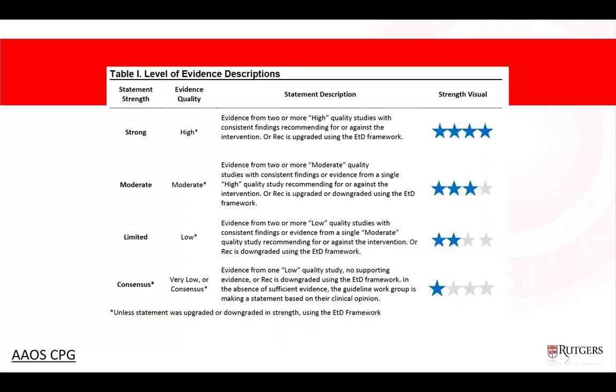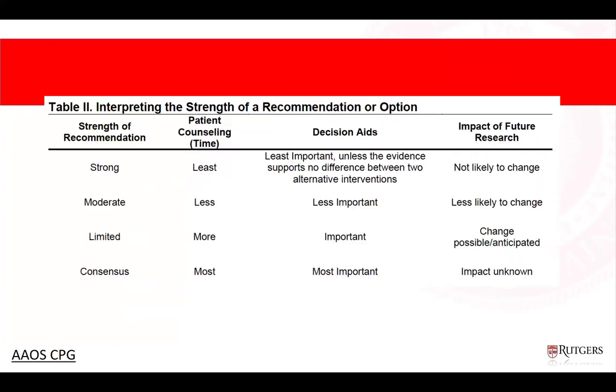This table shows the level of evidence descriptions that are used. The statement strength varies from strong, moderate, limited, and consensus, and correlates with the evidence quality. On a visual scale, they rate the evidence from 4 stars to 1. They give a summary of recommendations and options, and I'll go through those in a minute, but the strength of a recommendation is also either strong, moderate, limited, or consensus.